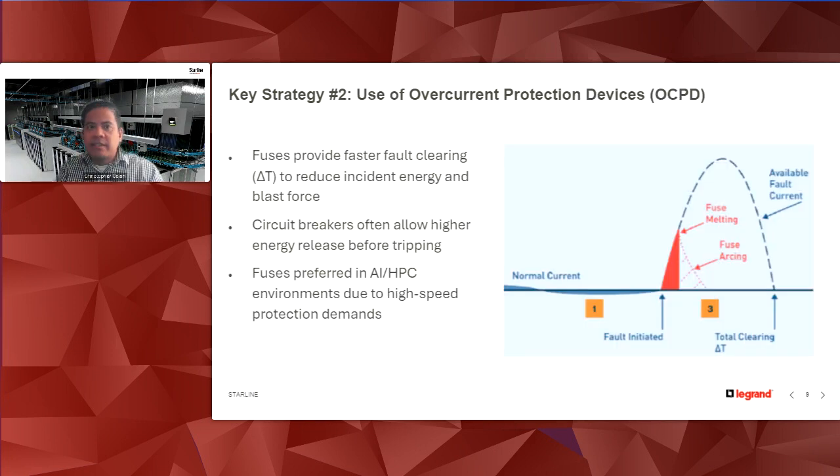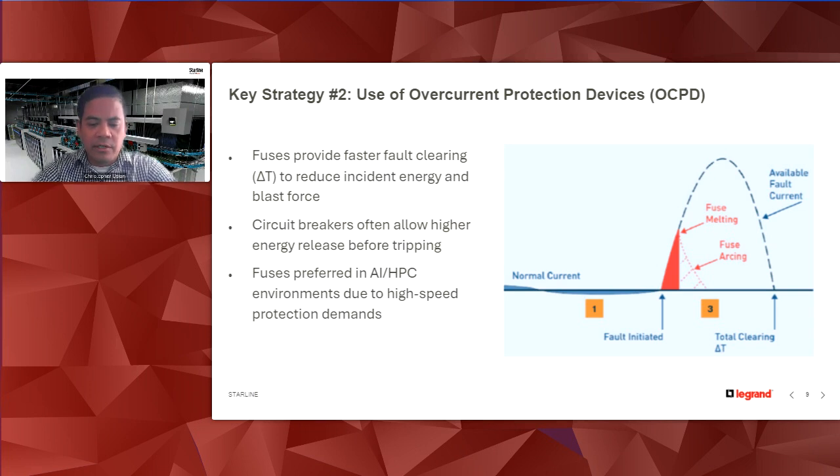So we'll move on to key strategy two. I'm going to spend a little bit more time on this one because we're seeing the makeup of the Starline busway change in this area with respect to the AI impact. If you're familiar with the power chain, for a long time circuit breakers were the standard to protect against faults and even overload situations.